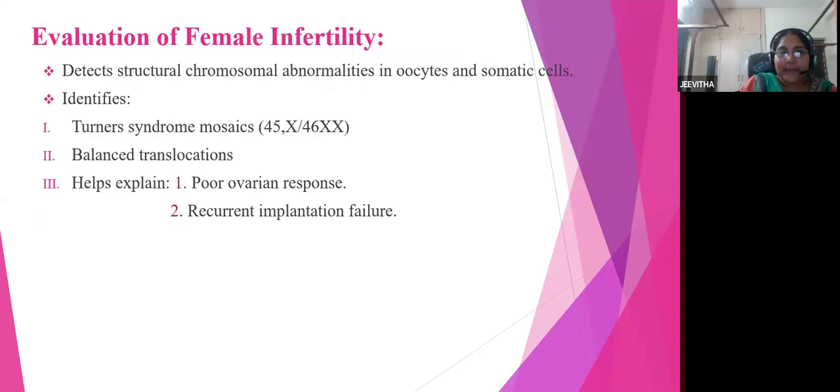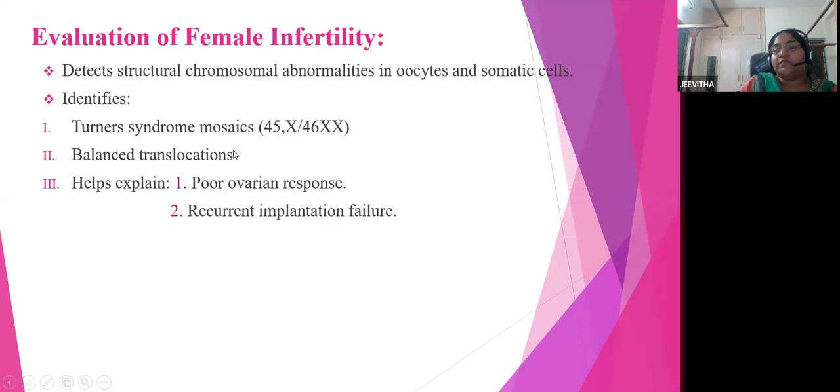Evaluation of female fertility: detect structural chromosome abnormalities in oocytes and somatic cells. Somatic cells are your normal blood cells, like white blood cells. Only your white blood cells have the nucleus. It also identifies Turner syndrome mosaics, which, as I said, are half and half, 45X and 46XX.